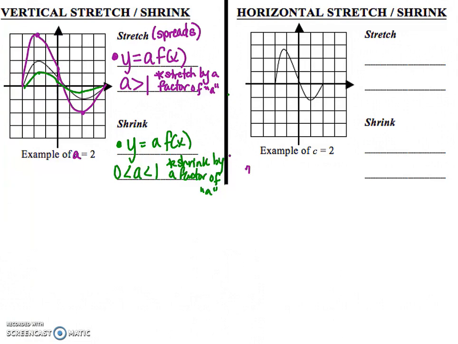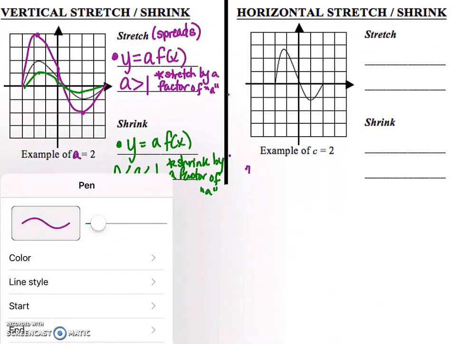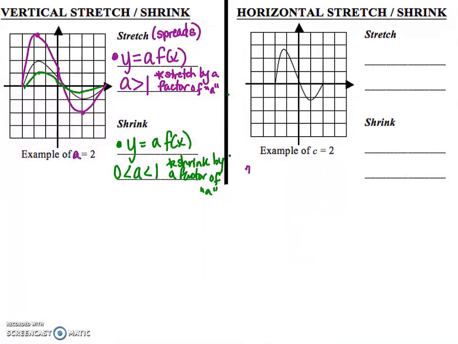Horizontal stretching and shrinking is going to spread your graph out, or smush your graph together, depending. So let's talk first about the stretching things out. So a stretch is going to spread things here. And it's going to look like this. Y equals f of, and I'm going to use C for this one, C times x.